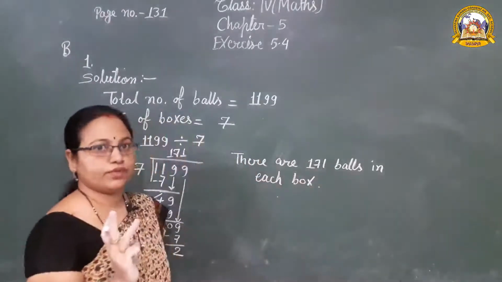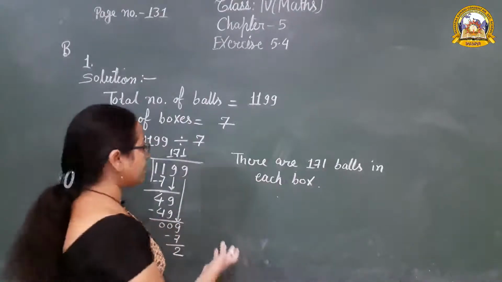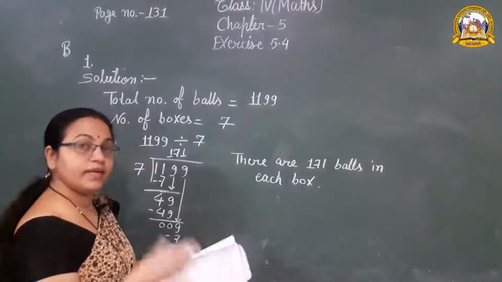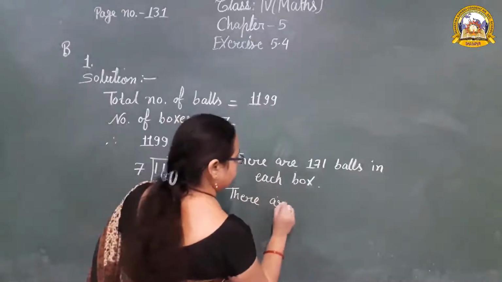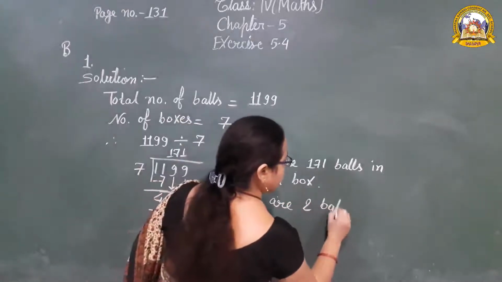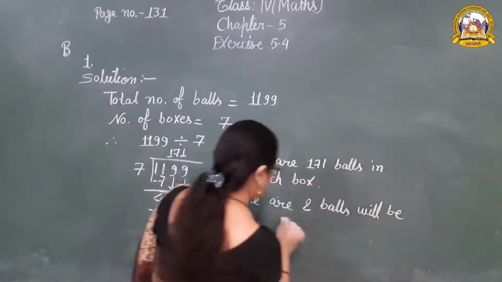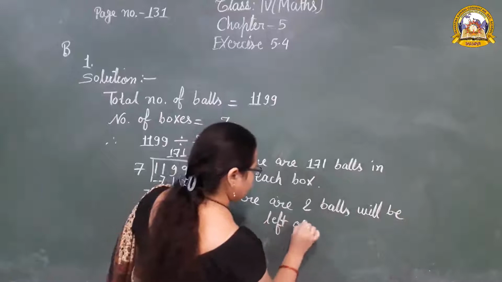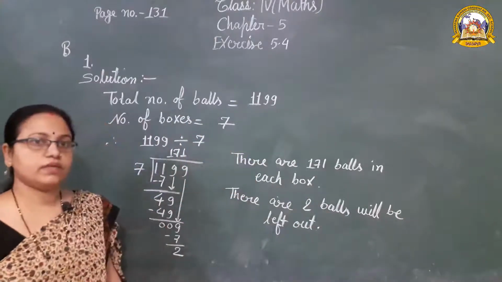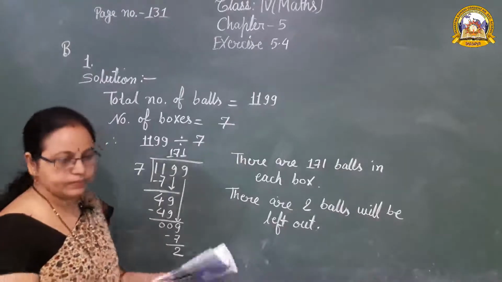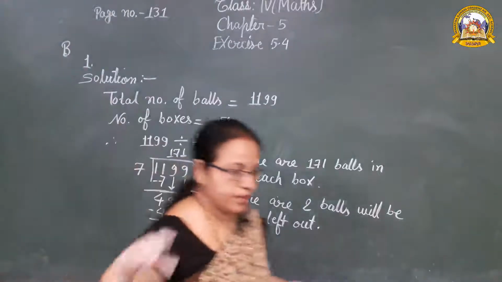They are asking 2 questions. One answer is this, and the other answer, how many balls will be left out? There are 2 balls left out. Okay. This is how we have to solve word sums. Then question number 2.